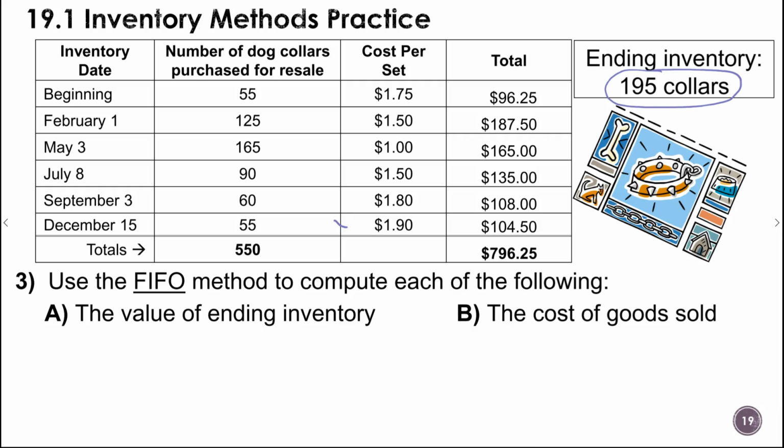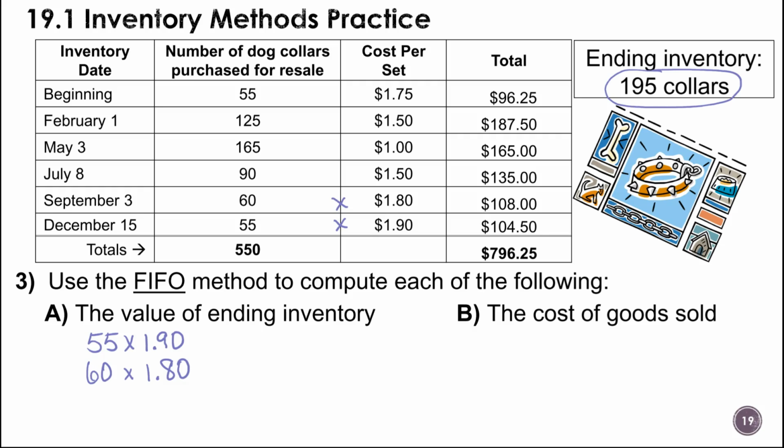And that means we're going to take 55 from this category. So that's times $1.90. And 60 from this category. So 60 times $1.80. And 55 plus 60, you need to know that because you've got to keep going. And you see, if you add those together, it's 115.